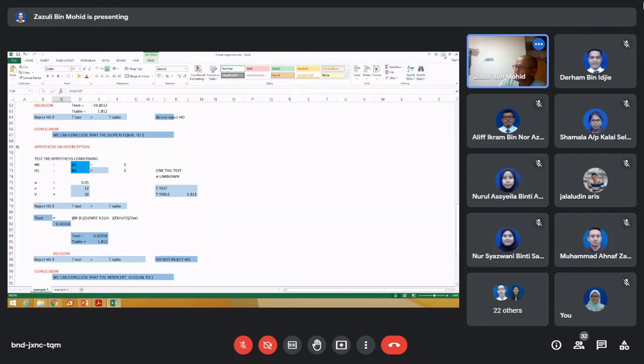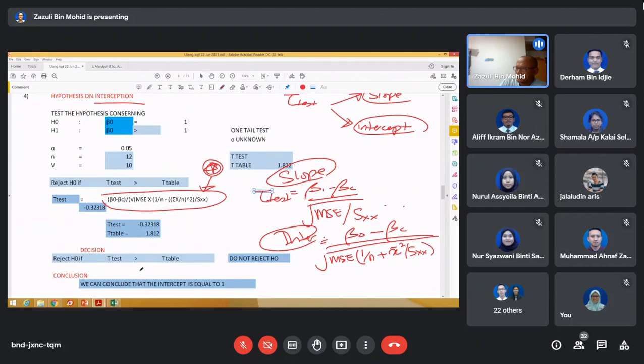So this is the conclusion whereby the t-test here is minus 0.32318, and the t-table is 1.812, and it is smaller, so it contradicts the rejection condition.